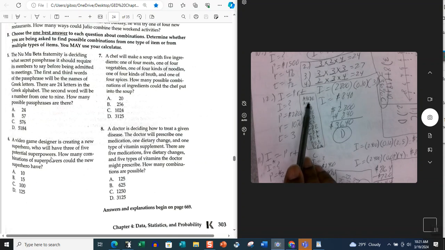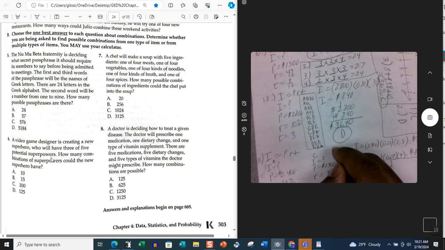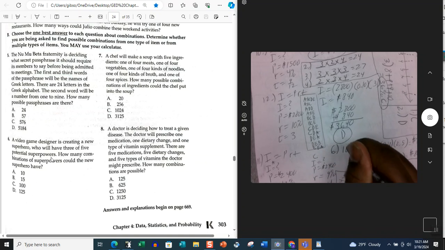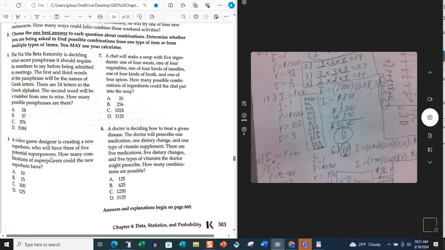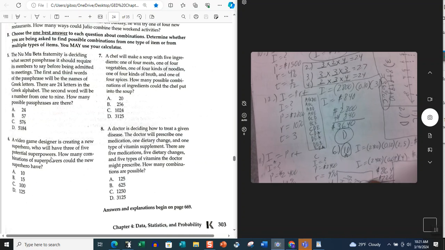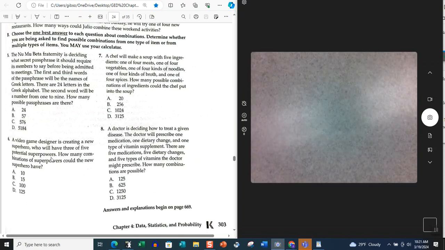So if you count this, this is 1, 2, 3, 4, 5, 6, 7, 8, 9, 10. So our answer here would be 10. So for number 6, it'll be 10, which is A. Now remember, this is more reminiscent of what we did in the first part of lesson 8.